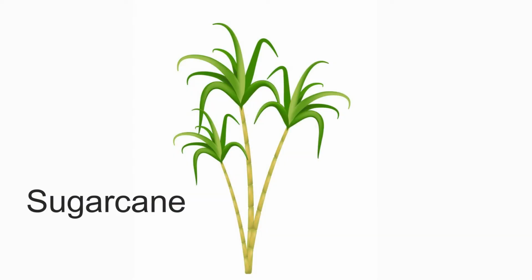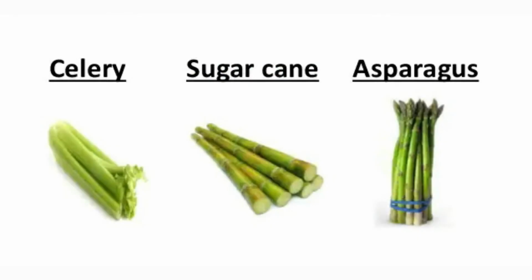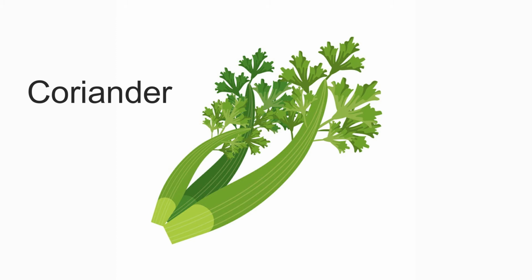Now let's go a little above the soil, which is the stem. So stems, which are the ones that we enjoy, the stem of certain plants: sugarcane, then asparagus, celery, okay, and then of course coriander, the stem of the coriander.